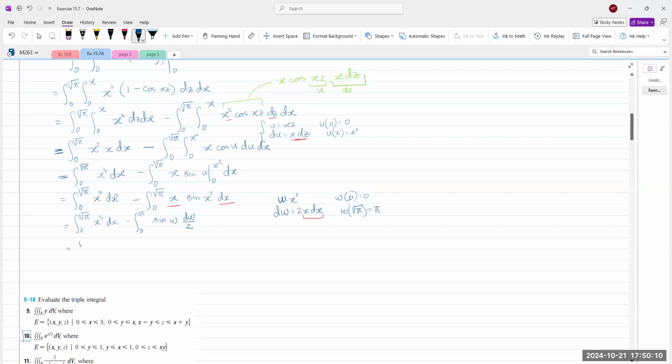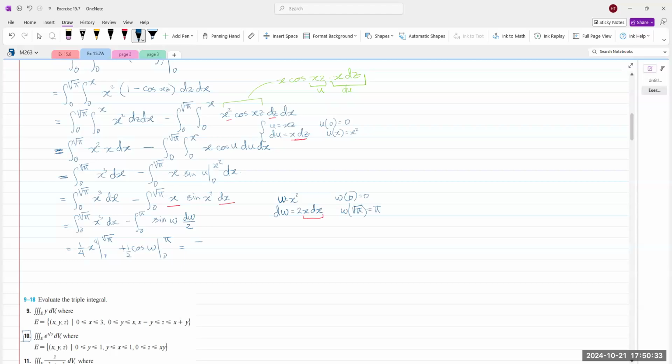So this will be 1/4 x to the 4th from 0 to square root of pi minus the integral of negative sine is positive cosine, 1/2 cosine w from 0 to pi.